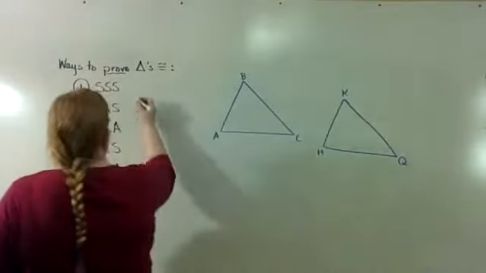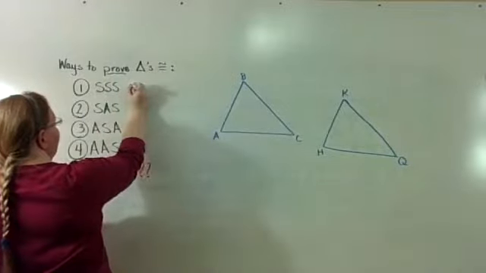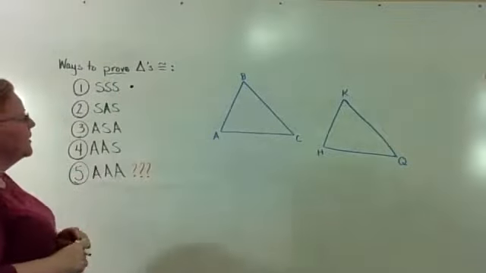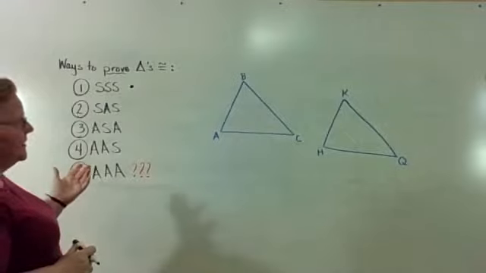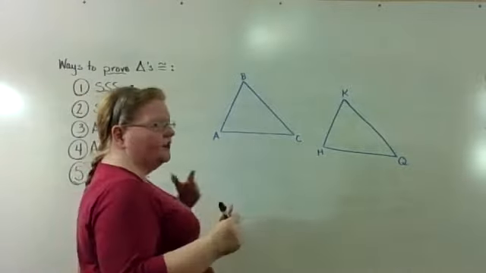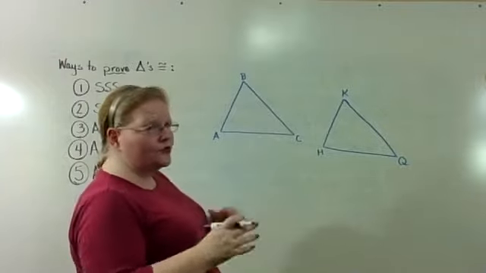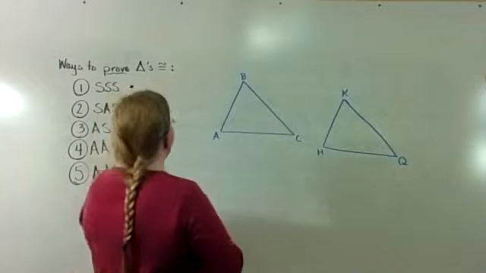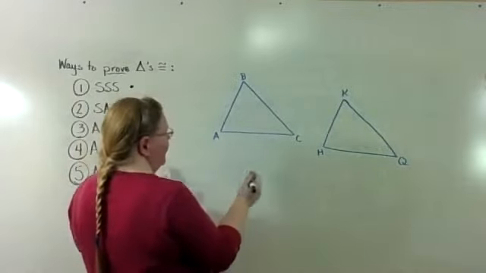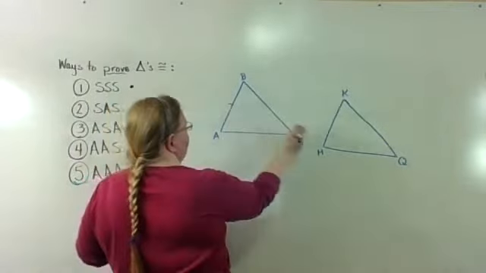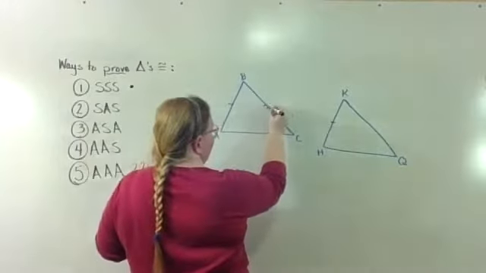That's the one that I'm going to talk about side, side, side with first. When we're talking about side, side, side, what that means is if you have these facts, then you can assume that the 2 triangles are congruent. So for side, side, side, obviously that means that we are told that it has congruent sides.